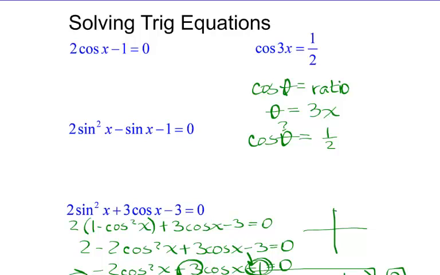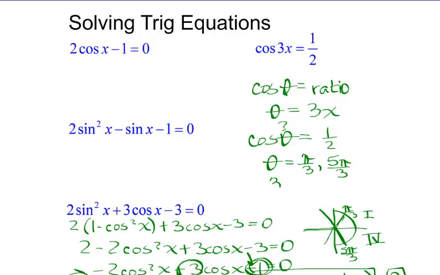Well, just like we did a while ago, we know now we're in quadrants 1 or 4. And for the x coordinate to be 1/2, we're looking at pi over 3 or 5 pi over 3. So theta would have to equal pi over 3 or 5 pi over 3.